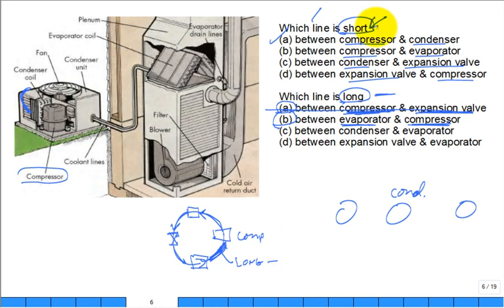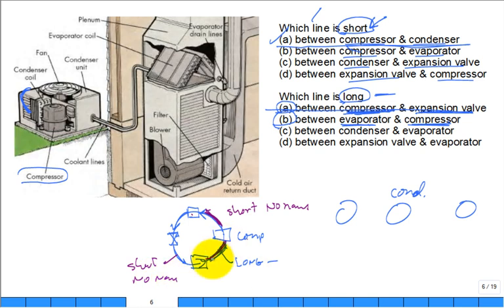All right. For the short line between the compressor and the condenser, there is no name for it. So this line right here between the compressor and the condenser is very short and no name. Likewise, between the expansion valve and the evaporator is short and no name.